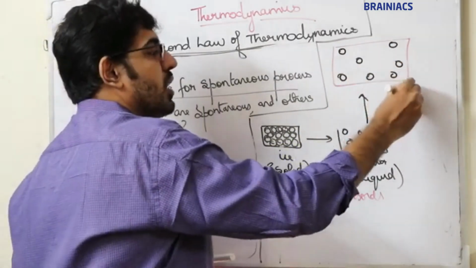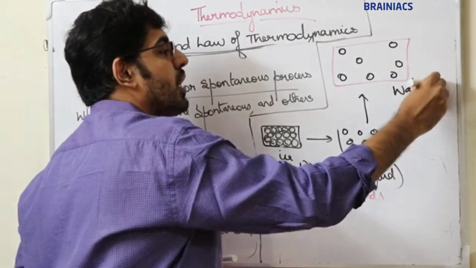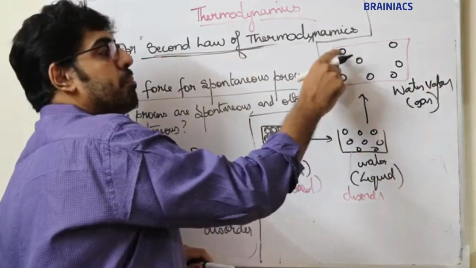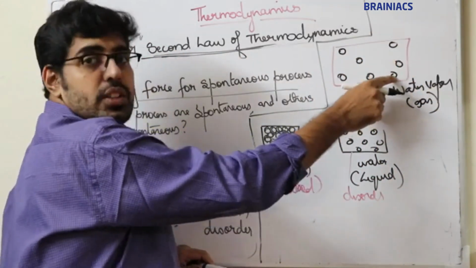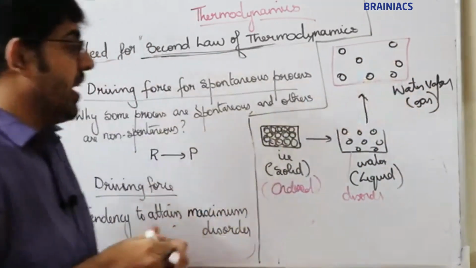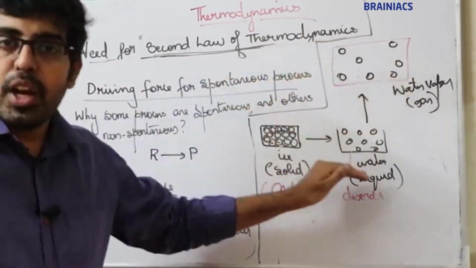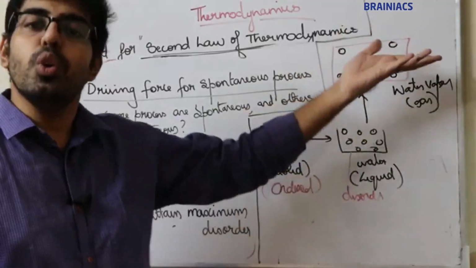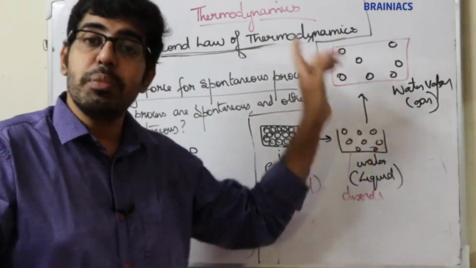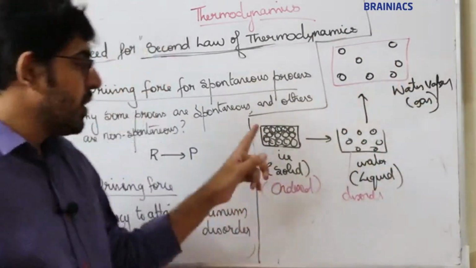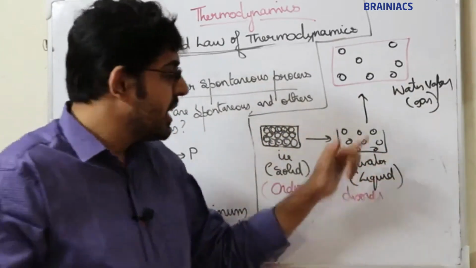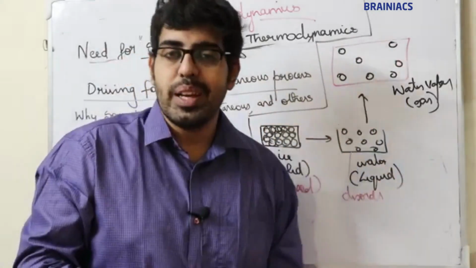So evaporation of water to give water vapor. Now water vapor is a gas. In gas, particles show further disorder, or they are loosely packed compared to liquids. That means disorder increases. So solid to liquid, disorder increases. Liquid to gas, again disorder increases.